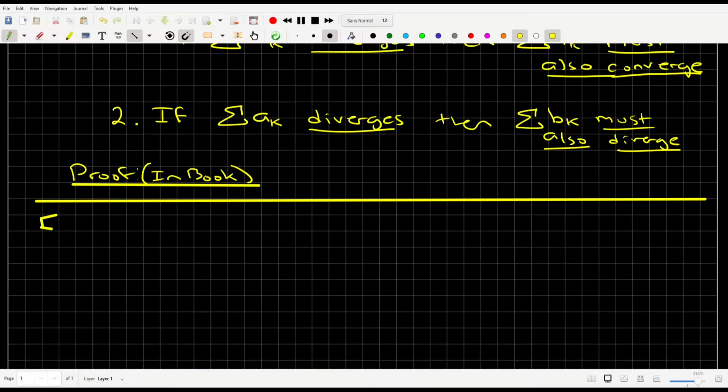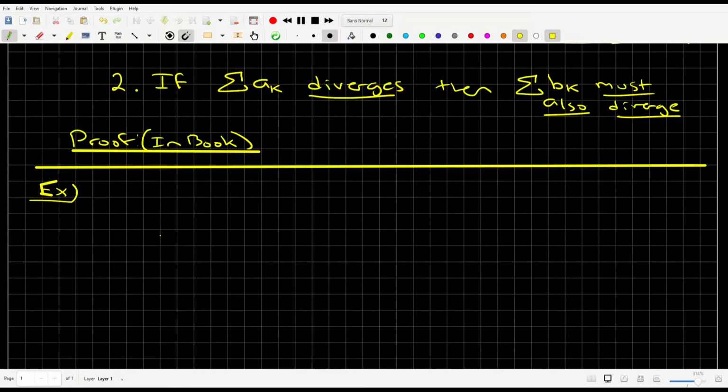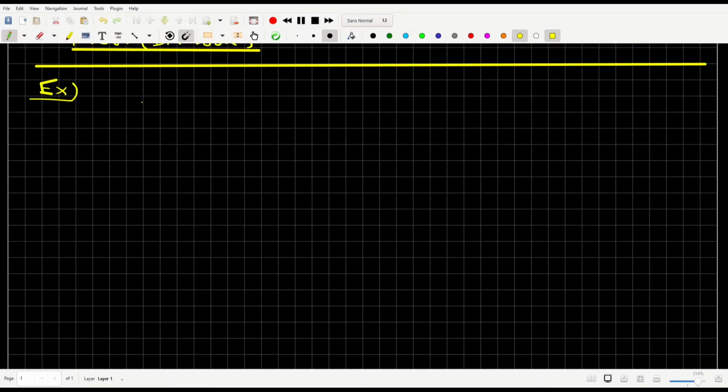So suppose that we have a relatively complicated looking series. Let's say the series from k equals 1 to infinity of (k plus sine of k) divided by (k cubed plus 1), which going through and solving for whether or not this series converges would be kind of difficult to do.